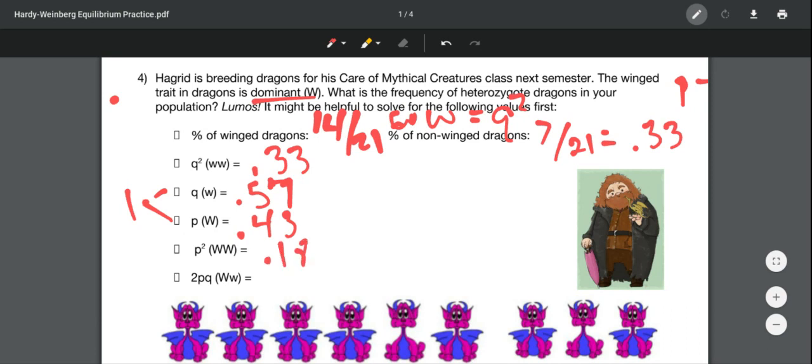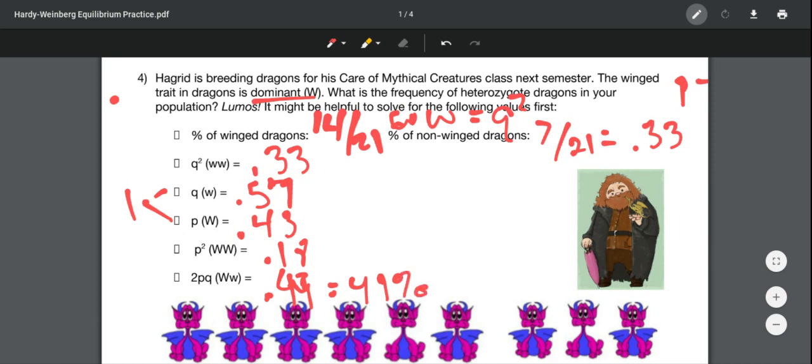It might be 0.19 depending on when you round, or 18%. And then heterozygous would just be 2 times 0.43, which is P, times 0.57, which is Q, and you're going to get heterozygous is about 49%.